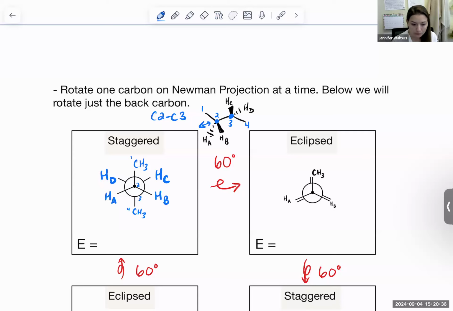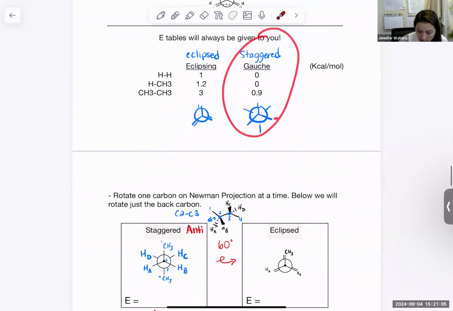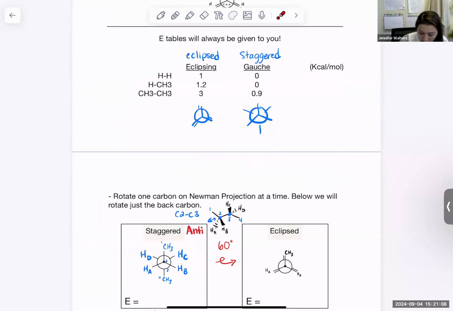So to calculate my energy, this is the staggered and anti conformation, because my two largest groups, methyls, I have 4 atoms there. That's always going to be bigger than 1 atom. So I have a carbon and 3 hydrogens. It's going to be bigger than a hydrogen. So my big groups are 180 degrees from each other. When I look at my energy table, okay, I have a CH3 and an H. That's a 0.